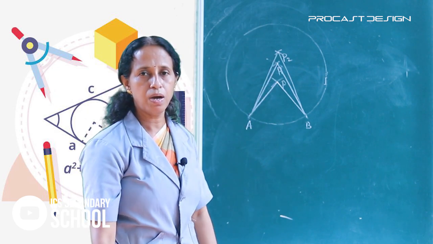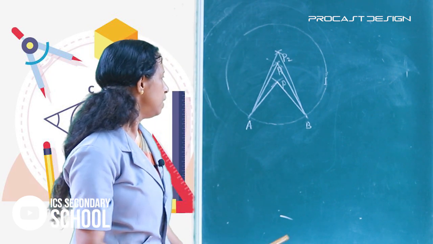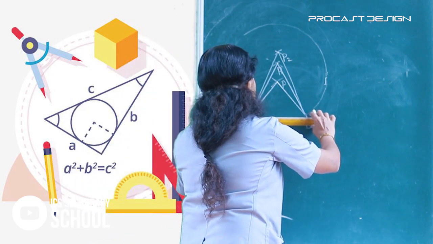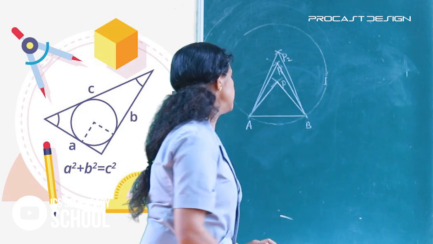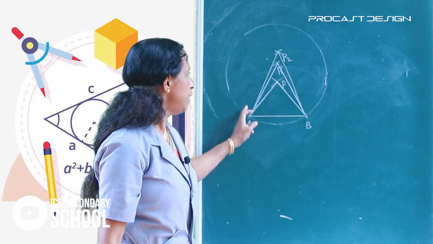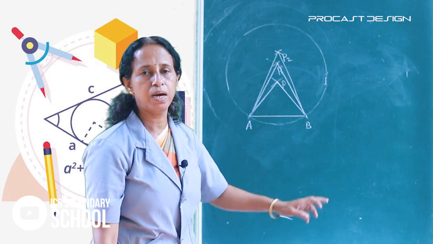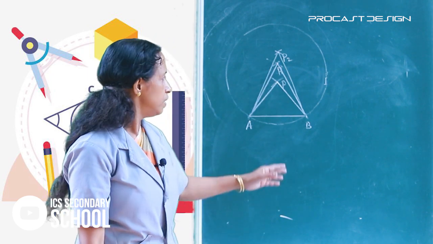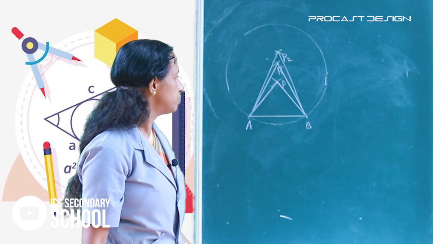P1 and P2 lie on the same line. Join A and B. APB, AP1B and AP2B are isosceles triangles. Okay?